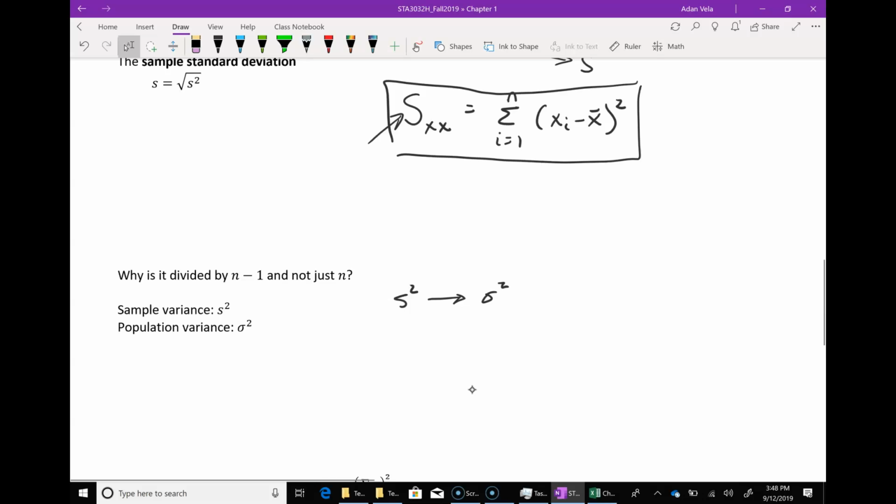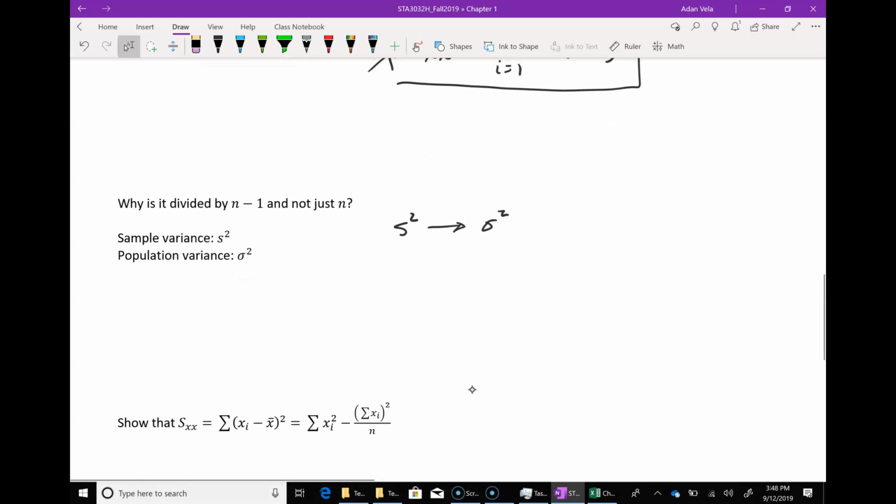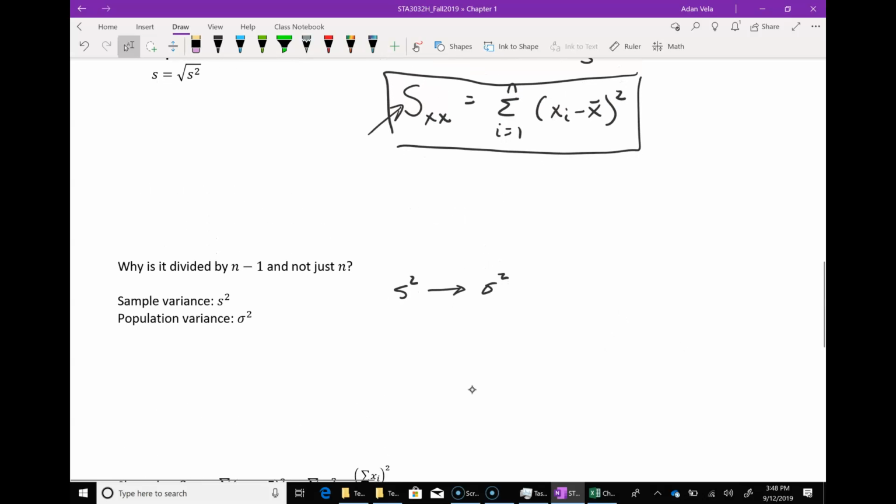This is where the n-1 part comes in. Let's actually start with the simpler one. Let's say I calculate the sample mean, and it should tell me something about the population mean.